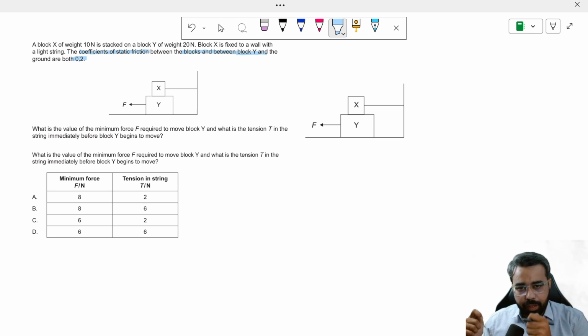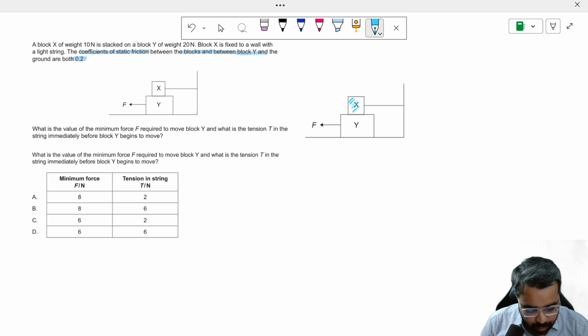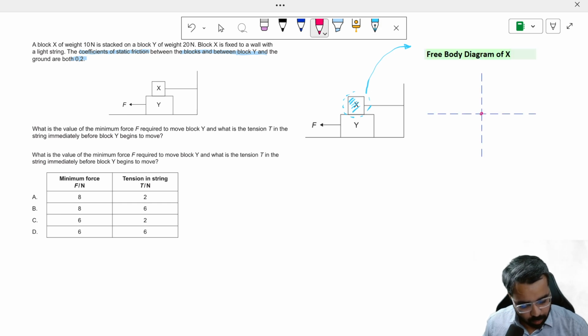The very important first step is to draw the free body diagram, and why not start with X? So I'm going to draw its free body diagram here and we will include all the forces exerted on X. This is the block X, shown in a rectangular coordinate system, where you see there is a force of tension in the string.